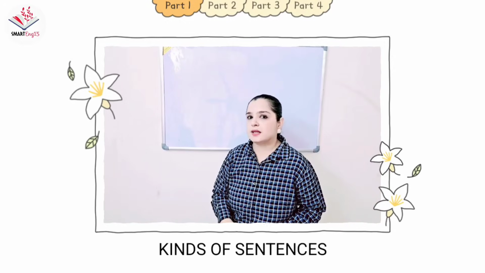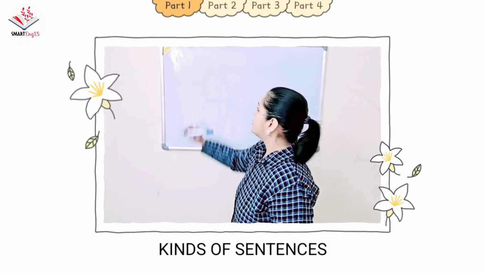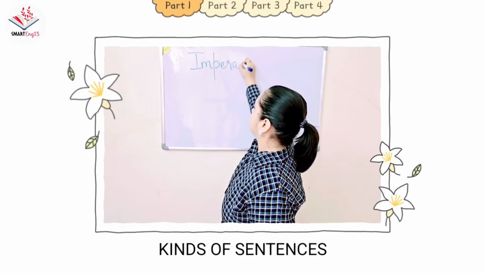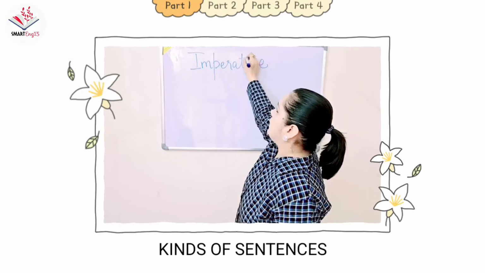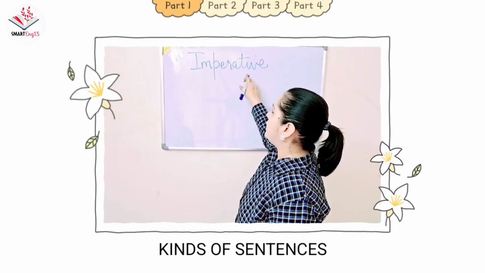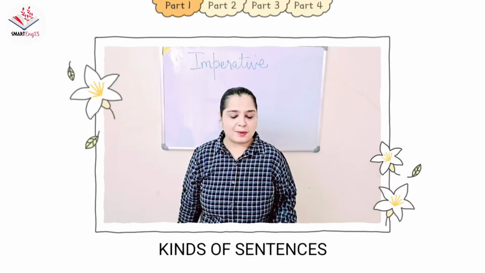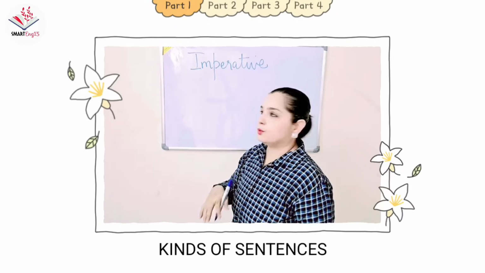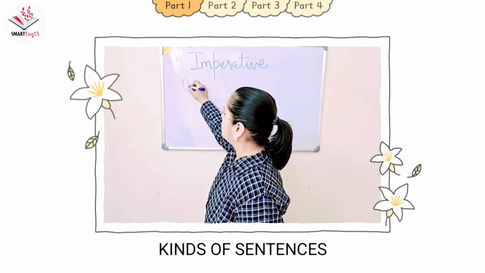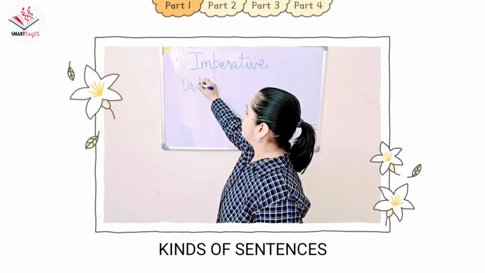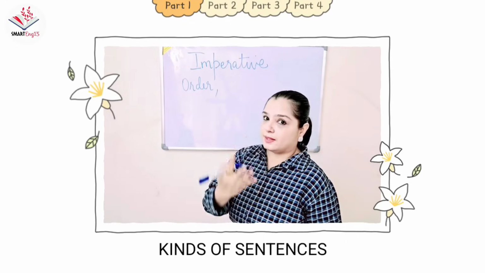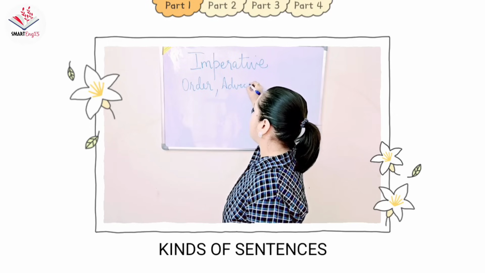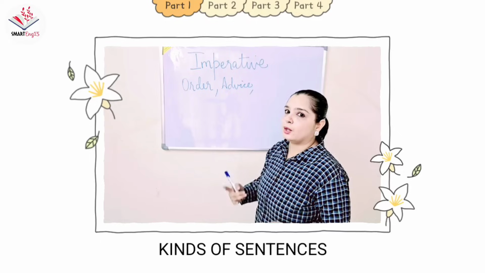Let's learn the next kind of sentence, which is known as imperative sentence. I-M-P-E-R-A-T-I-V-E. Make sure you learn all the spellings very well, right? An imperative sentence is used to give an order, called a command also, to give advice to somebody, and it is also used to make a request.